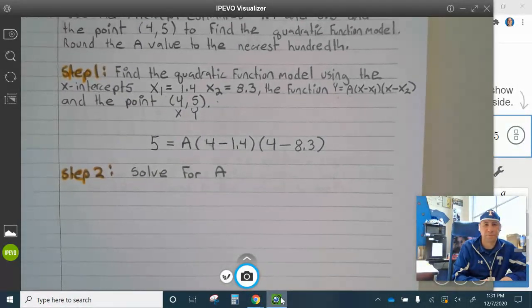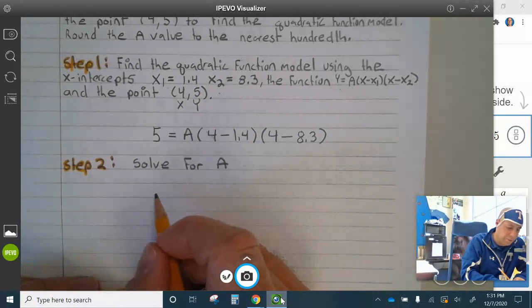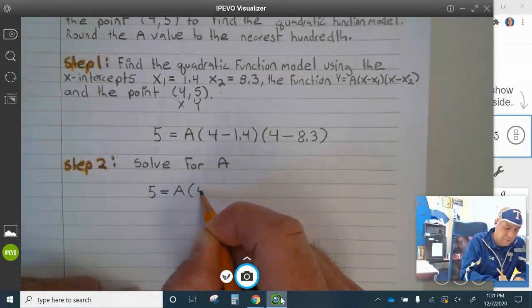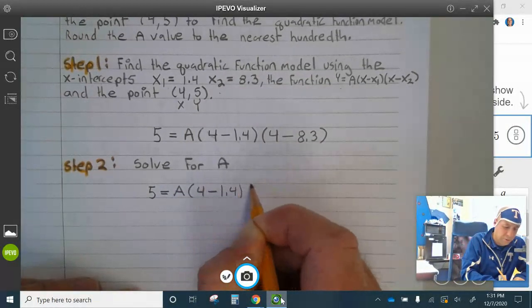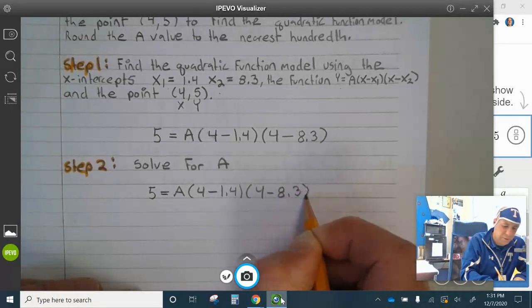Now we're going to use this to solve for a. So 5 equals a(4 minus 1.4)(4 minus 8.3).